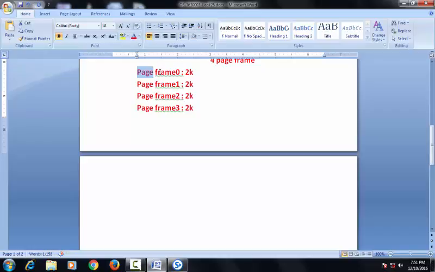Like page 0 is stored in a location of size 2K, page number 1 is stored in a different location, and page number 3, page number 2, and page number n are stored in different locations of primary memory, which is the physical address. In the same way, segments are allocated memory independently.